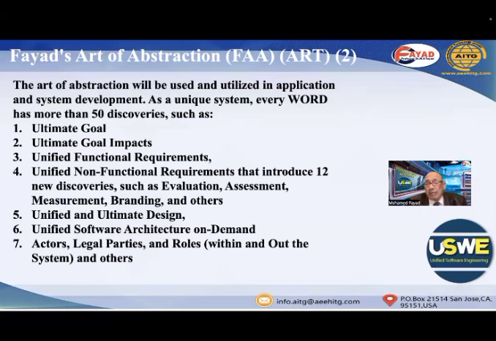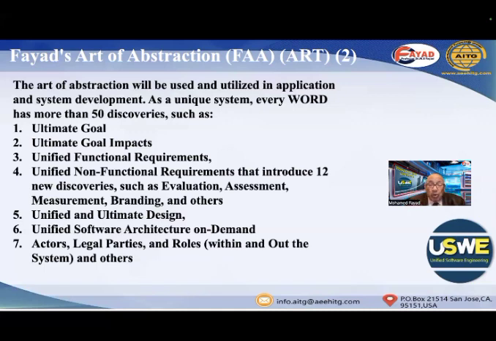Then unified functional requirement: we don't have functional requirements. Don't believe them when they say computer engineering, this is requirement engineering; this is nonsense. This is completely crap, basically. Non-functional requirements introduce 12 new discoveries, because through non-functional requirements it has to be executable too.